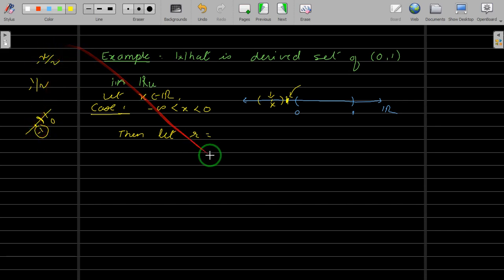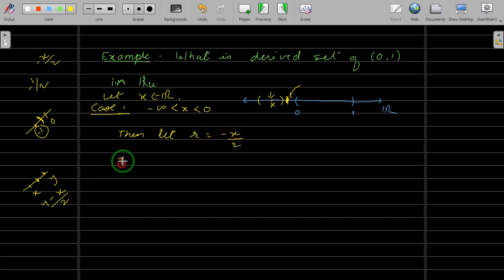So let us take R to be minus X divided by 2 in between here. One point is x, another point is y, and you have to find the midpoint of it. How do you find it? It is y minus x divided by 2. So here it is 0 minus x divided by 2, that is minus x upon 2. That's how you got R.